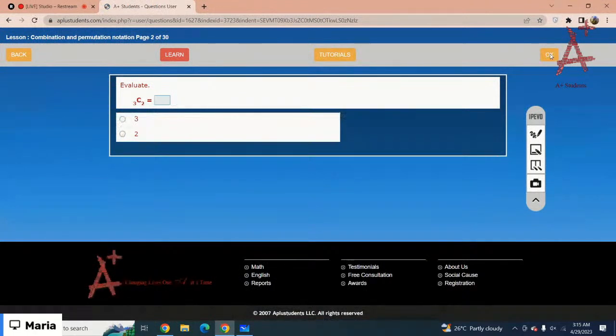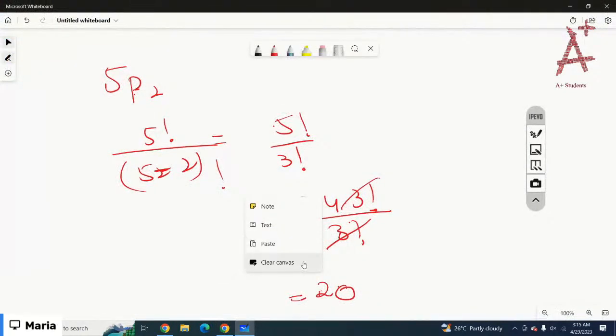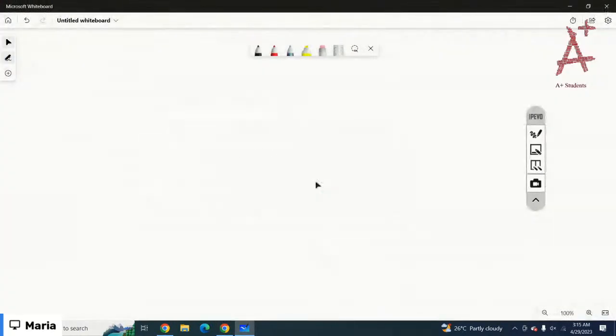The next one is 3C2. You need to evaluate the combinations. The combination 3C2 would be 3 factorial over 2 factorial and 3 minus 2 factorial.